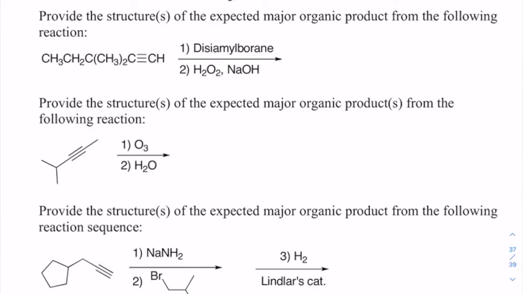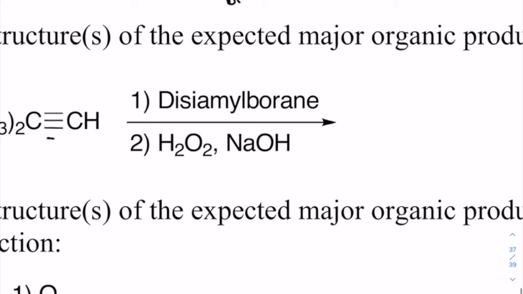Okay, so for the second one, provide the structures of the expected major organic product from the following reaction, right? So we have another triple bond right here. And we have disiamylborane in hydrogen peroxide and NaOH, right? So we know this is going to be hydroboration.